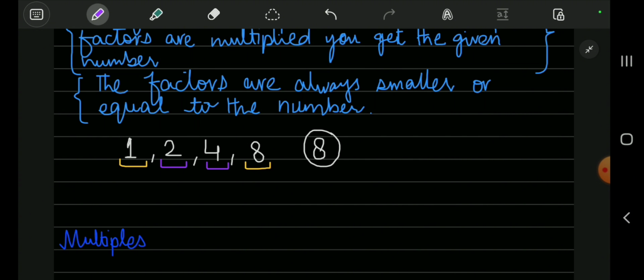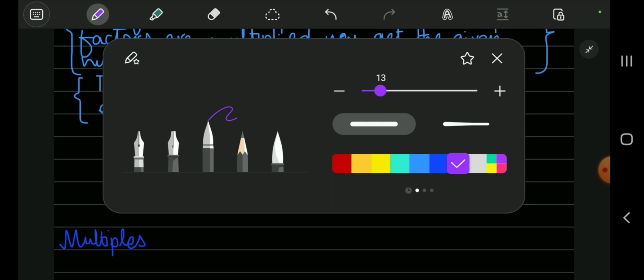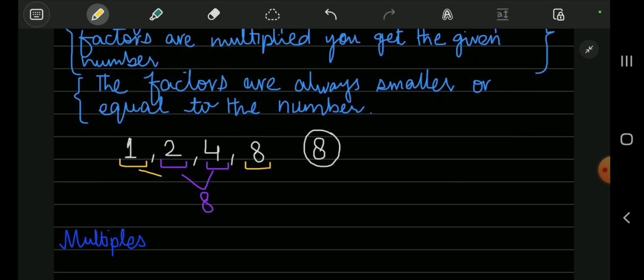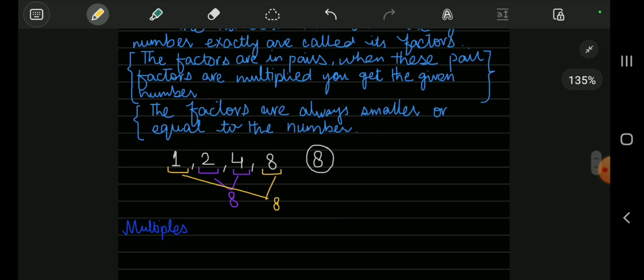How? 4 times 2 will give you 8, 8 times 1 will give you 8. This is what I told you, that the factors are in pairs. When these pairs of factors are multiplied, you get the original number. So one thing, the numbers that completely divide a number are its factors, and second, they are in pairs, so when you multiply the pairs, you get the original number.